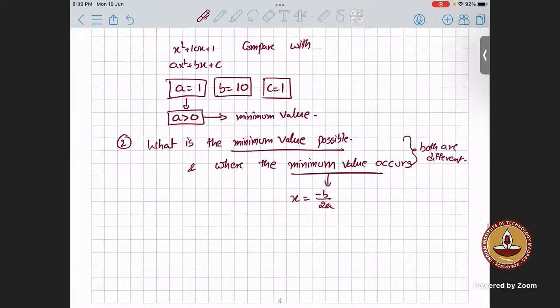Did you get that? Minus 10 by 2, minus 5. At x equal to minus 5, we will get the minimum value.